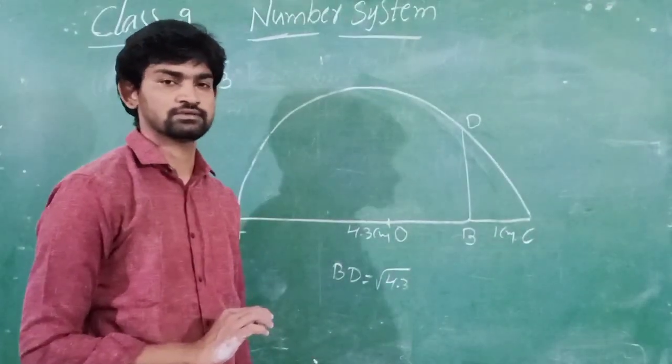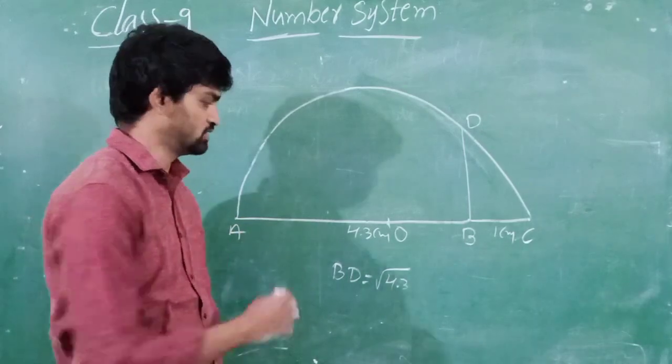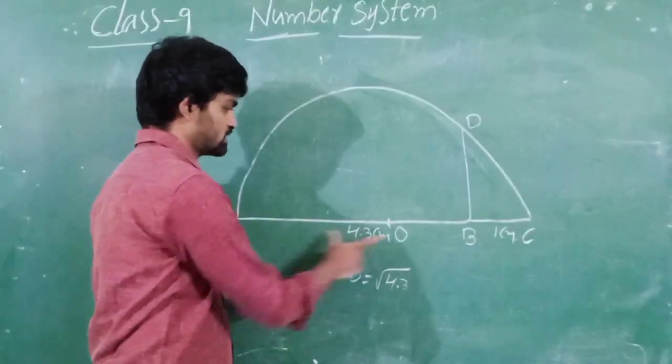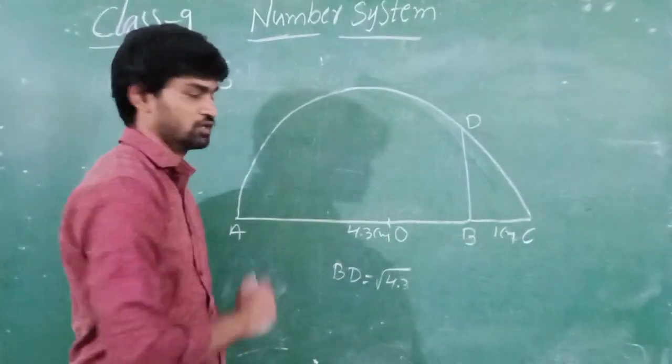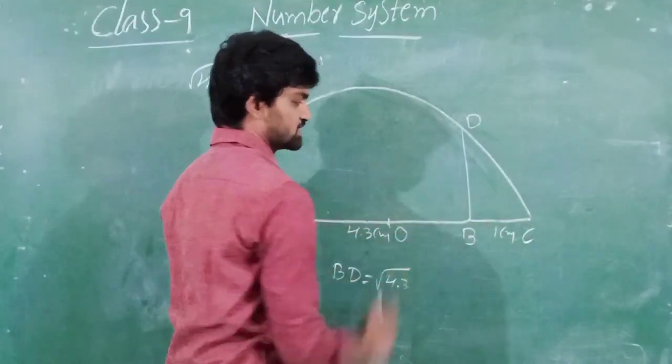Hope you got it. Previously we have discussed root 2, root 3 directly. Now decimal numbers also I am showing you. So first we will mark the AB line segment with the given number, that is 4.3. Then extend B to C with 1 centimeter.